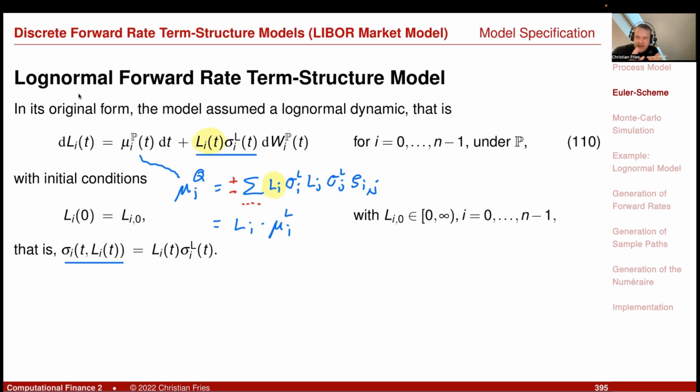So you see the special case of the log normal model has an Li here. So it makes sense to move to log coordinates for this special version.